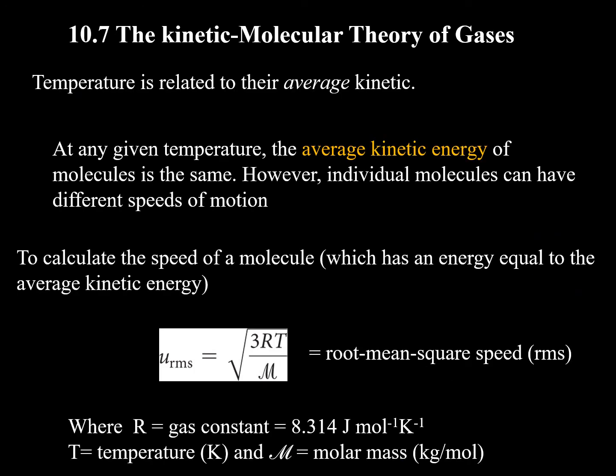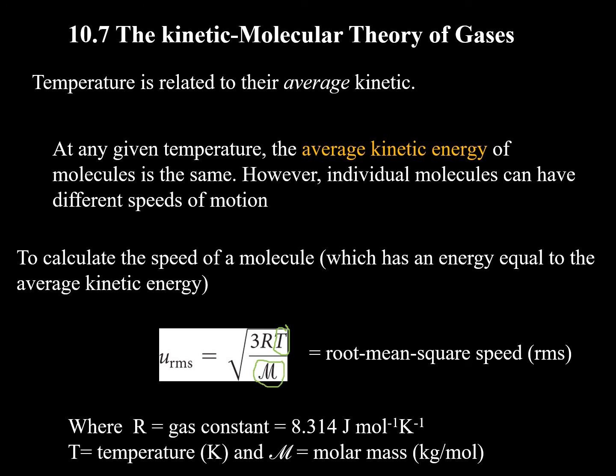The temperature goes up, so will the kinetic energy. The particles will move faster. As I just said, the temperature is related to their average kinetic energy. So we come up with this equation to calculate the speed of a molecule. I won't ask you to do any calculations, but just note that the speed of the particular molecules depends on the temperature, as we just said. And as well, this symbol here is the molar mass.